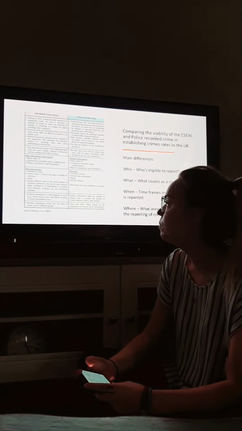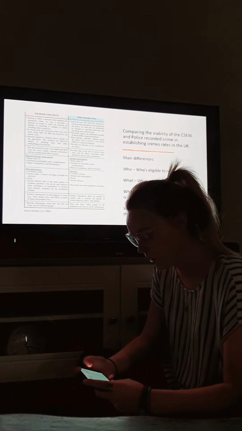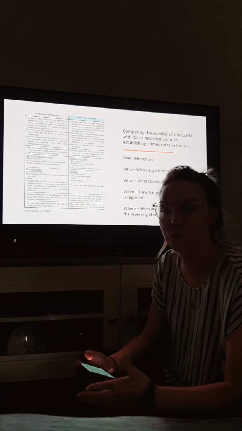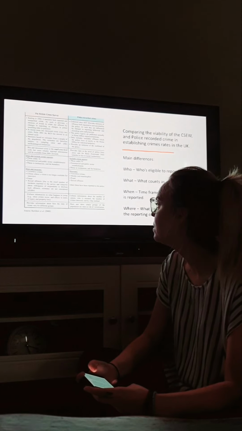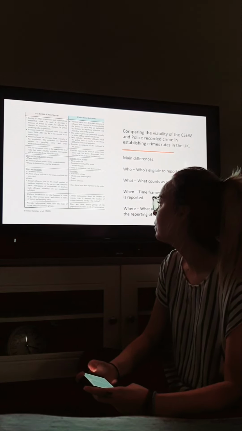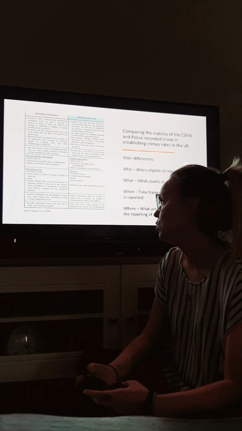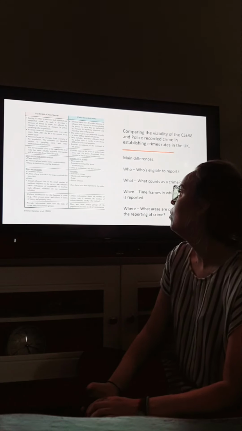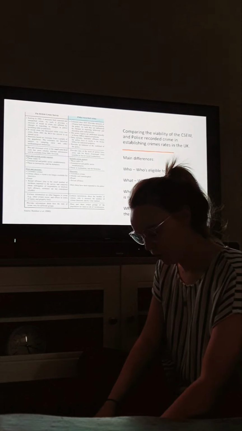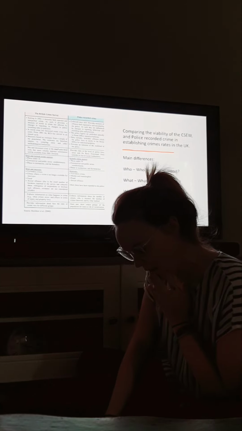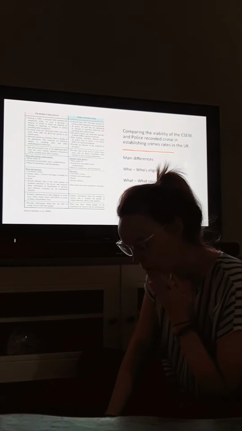Again, the CSEW does not measure so-called victimless crimes such as prostitution or personal drug use. It does not measure fraud or sexual offences. Whereas the police recorded crime does measure all those offences.